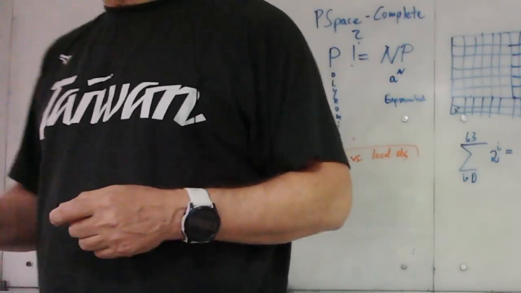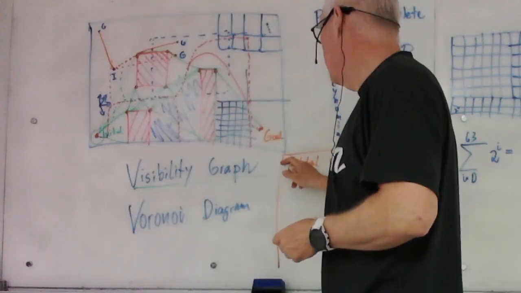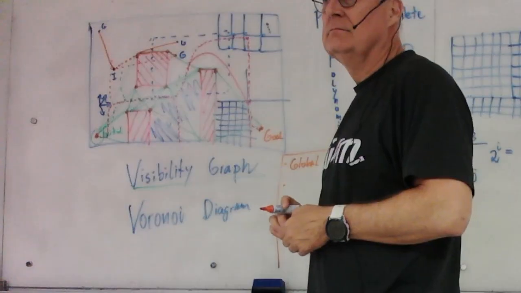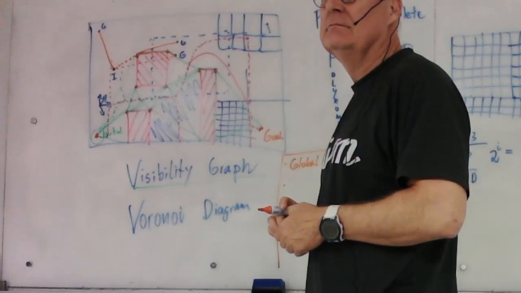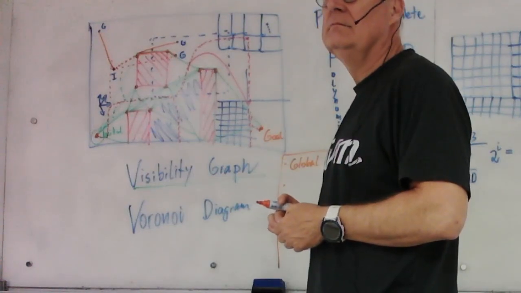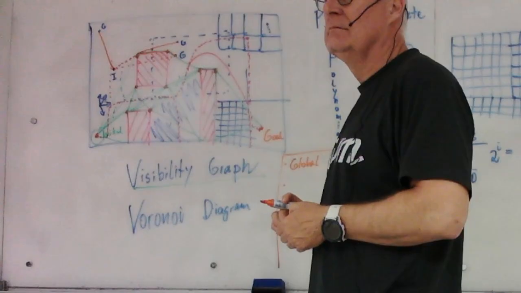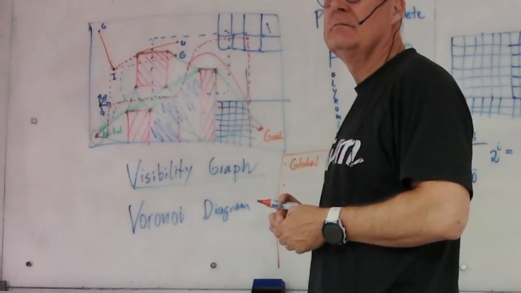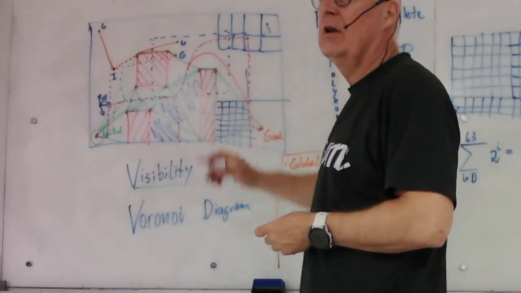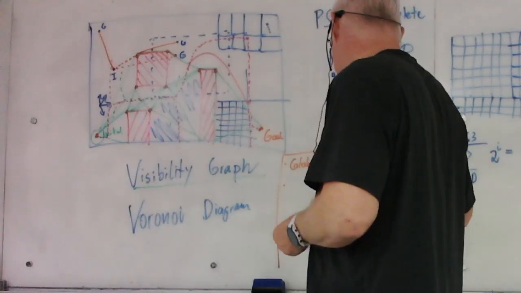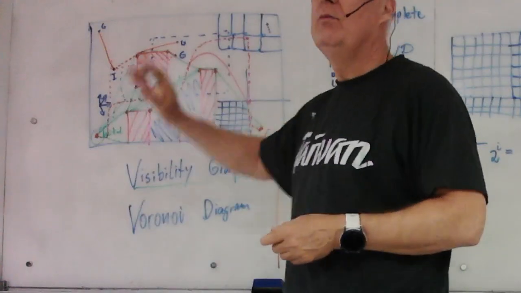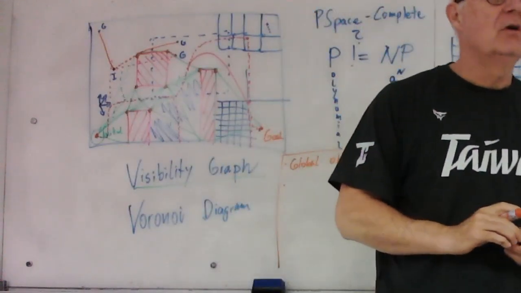The other simplification is that here, all the obstacles are static, which means they don't move while you're executing your path.